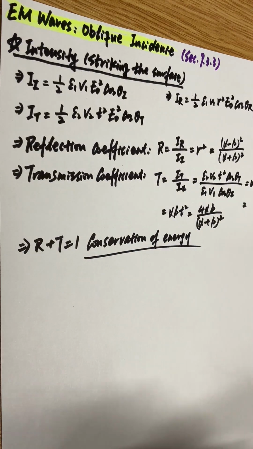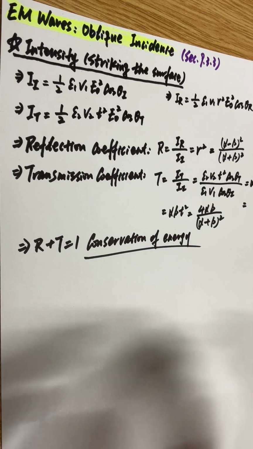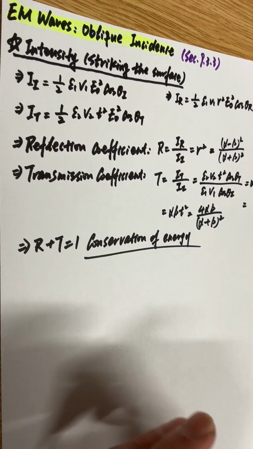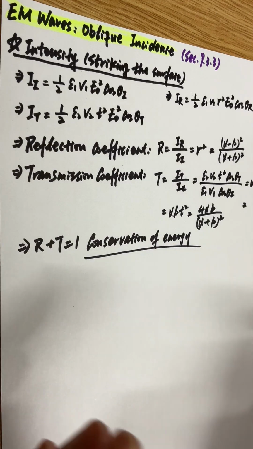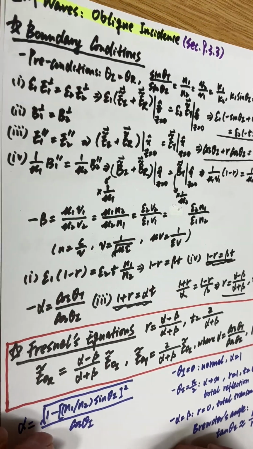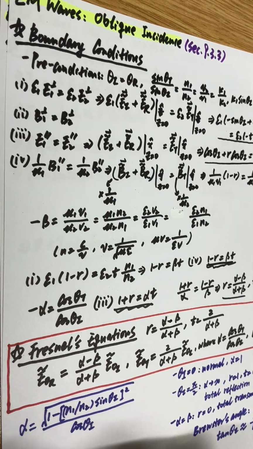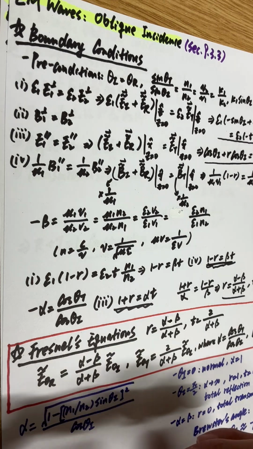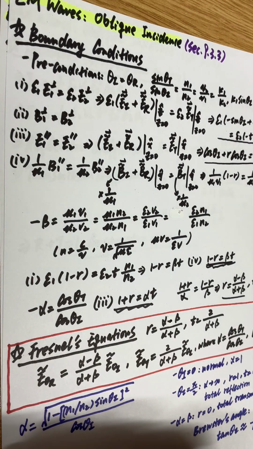It is really quite a journey. It is a long journey. But if you think about the process, there are a lot of steps, but in terms of calculation, they are not that complicated. They are all linear algebra. And Fresnel's equations are really essential to all the optics modules and communication modules that you're going to study in the second part of second year and then the third year.